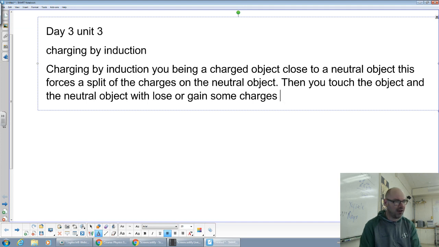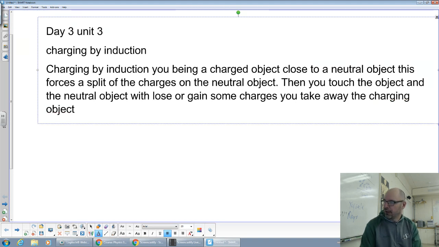You take away the charged object that's close to the neutral object, called the charging object, and your finger, or your touch.